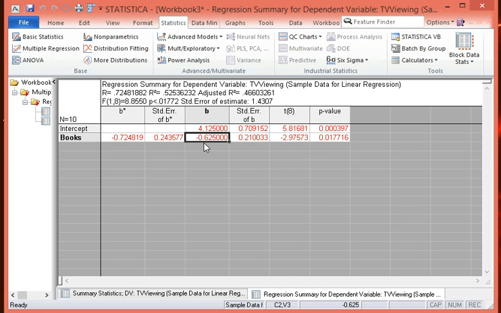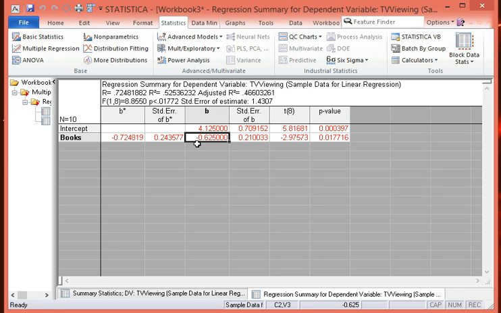We can interpret this as, listen carefully, for every one book read in a year, TV viewing will decrease, because of the negative sign, by 0.625 hours. Again, for every one book read, TV viewing will decrease by 0.625 hours.